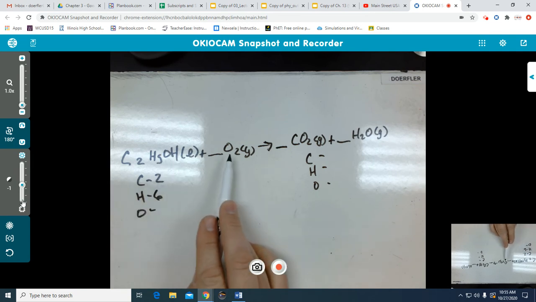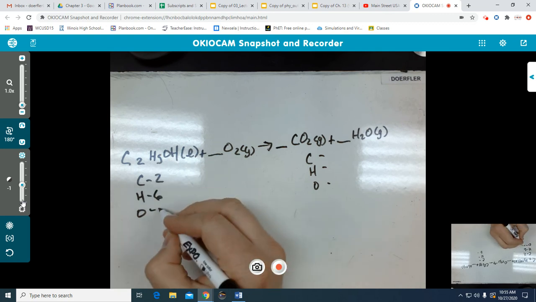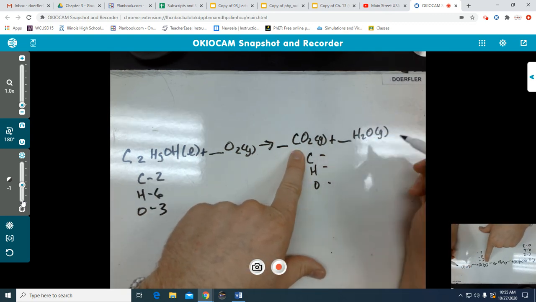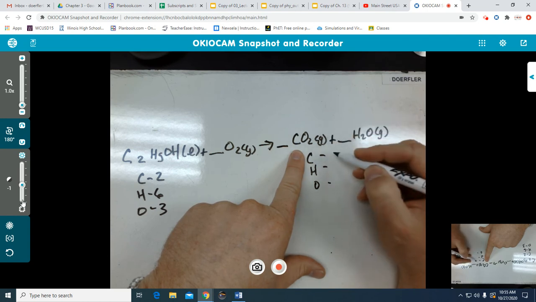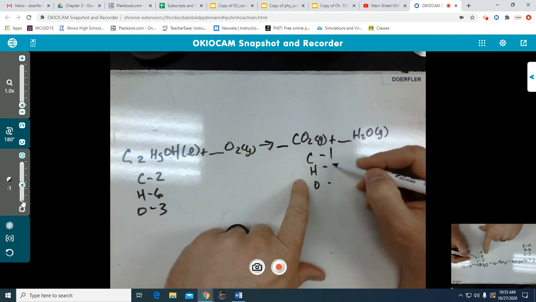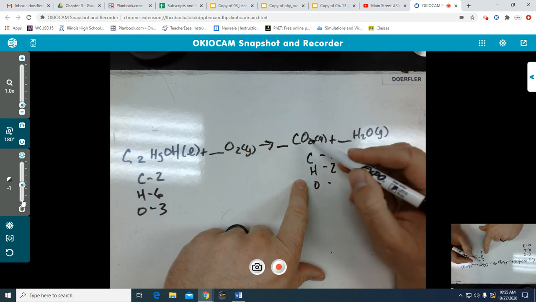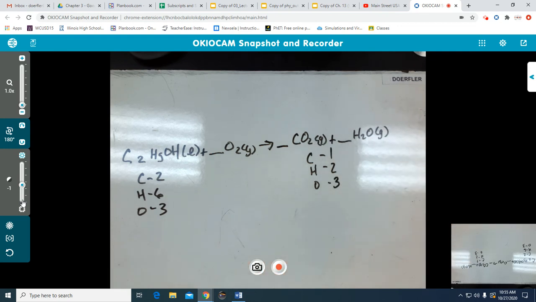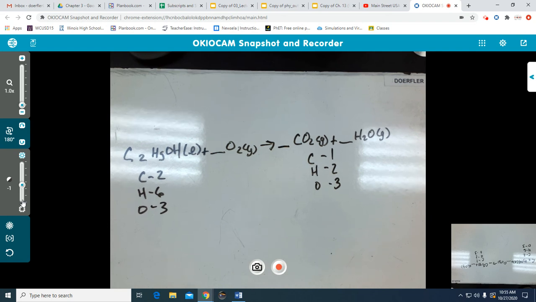And oxygen, I've got 2 plus 1 is 3. Over on the product side, checking all my products, I've got 1 carbon, 2 hydrogen, and 1, 2, 3 oxygen.